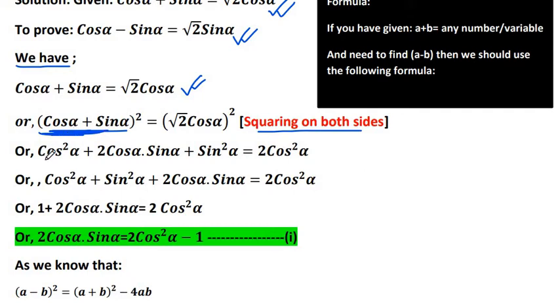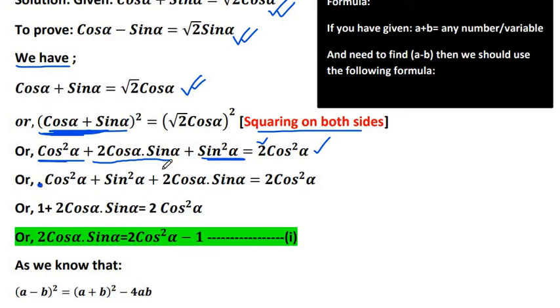So I found cos square alpha, which is a square, plus 2 cos alpha sin alpha, which is 2ab, plus sin square alpha, which is b square, and root 2 whole square is 2, and cos alpha square is cos square alpha.